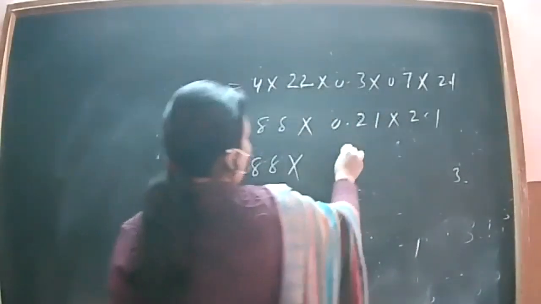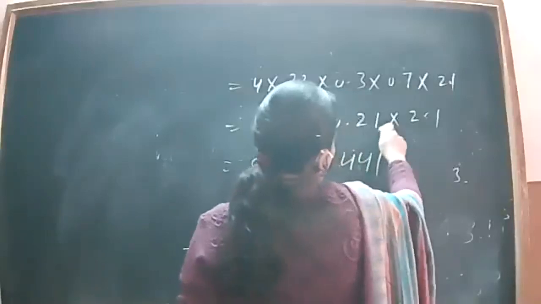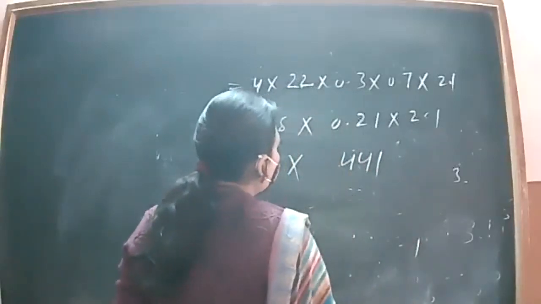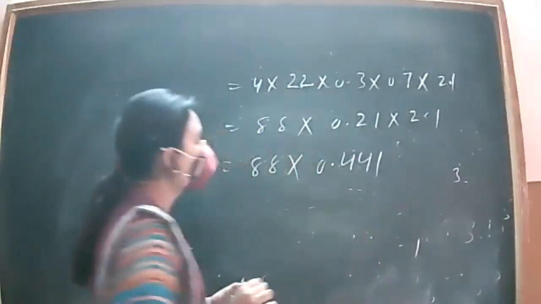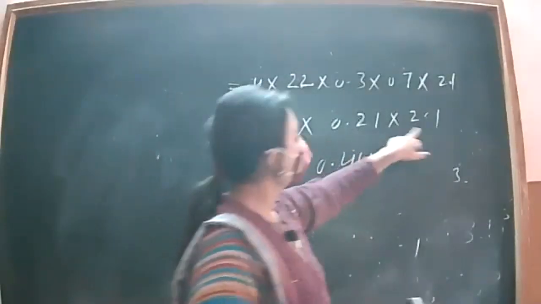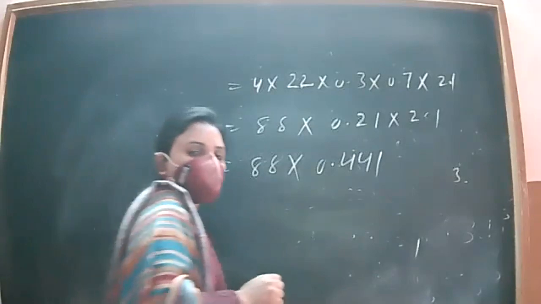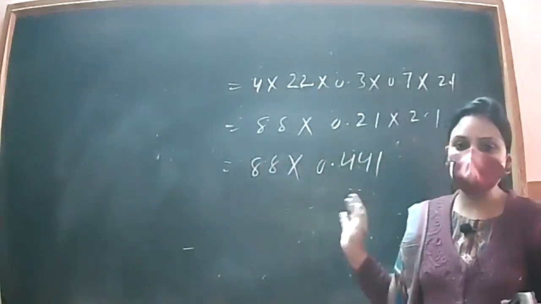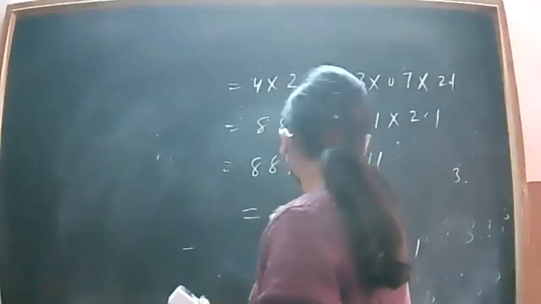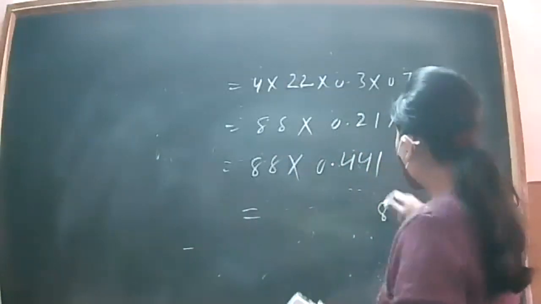So 88, this is 441. 21 into 21 is 441, rather 0.441 because of 3 decimal places. So we have to shift it. Now 88 multiplies 0.441. 0.441 के साथ अब हम 88 को multiply करेंगे. This is 8.